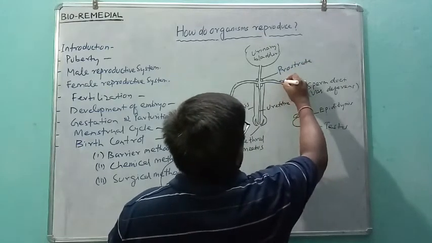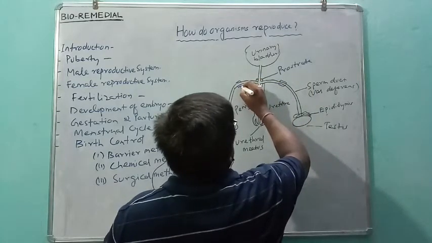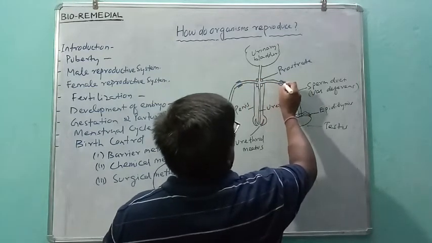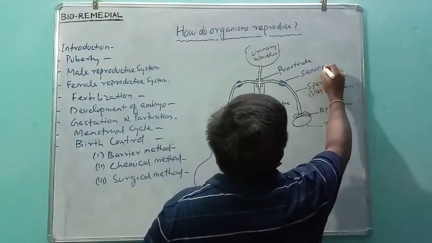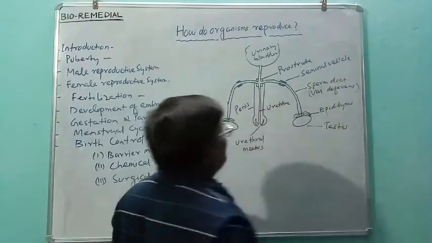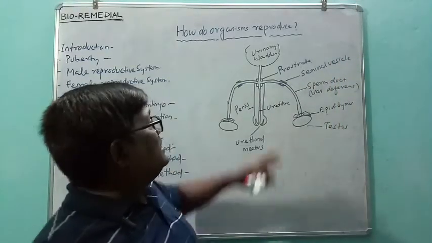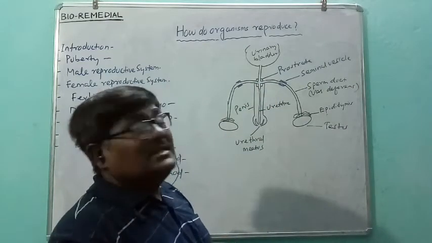And at the sperm duct there is a pair of glands called the seminal vesicles. Very important glands are there. These two glands, seminal vesicles and prostate gland, release their secretion.